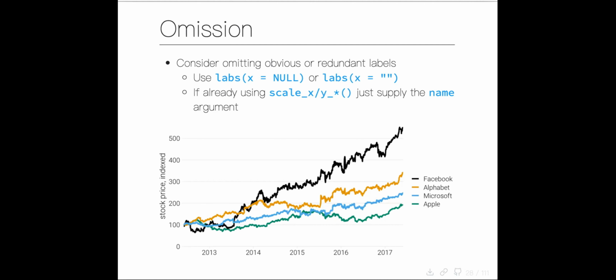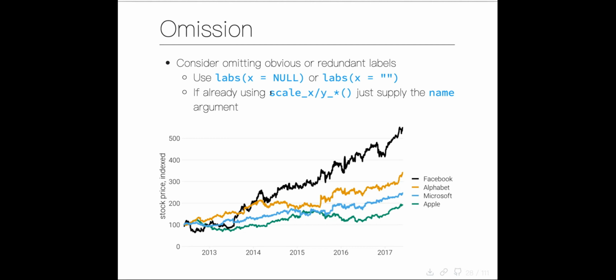Adding an axis title there that says year or whatever might just add clutter and not actually help communication. You have to be careful about this because it's not always going to be that obvious. But if it is super obvious what the x-axis is, then you could consider omitting the title of that axis altogether. You can use labs(x = NULL).